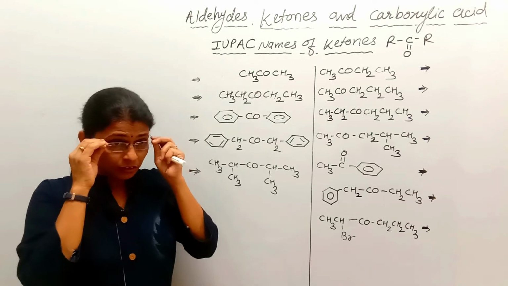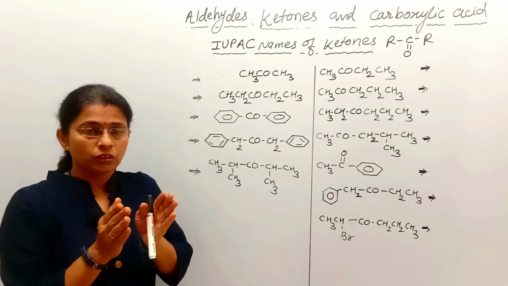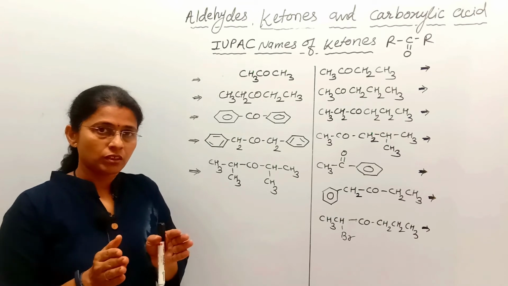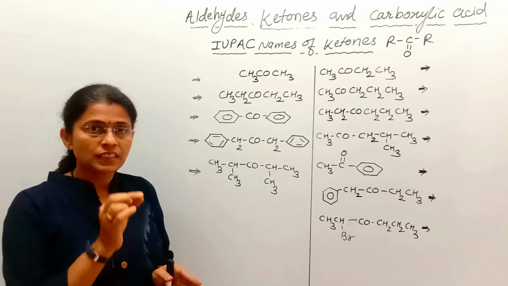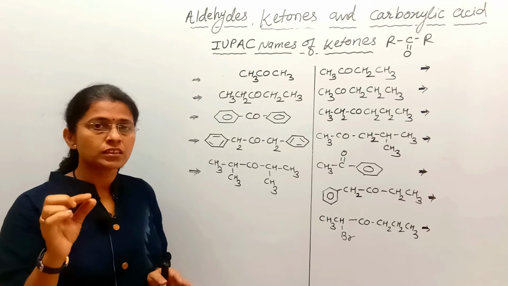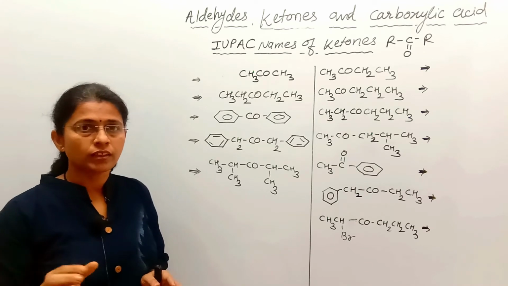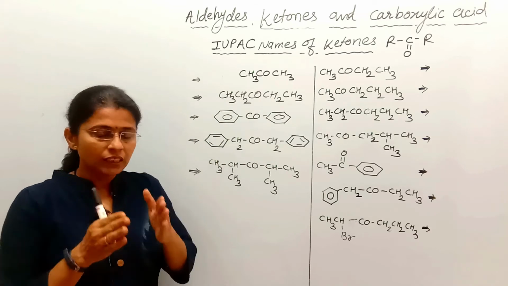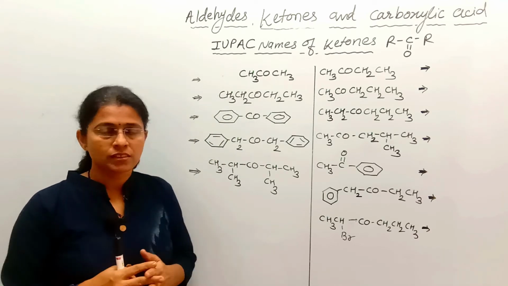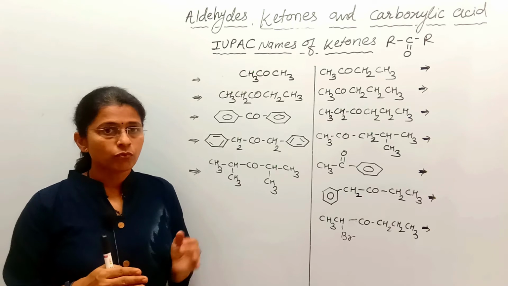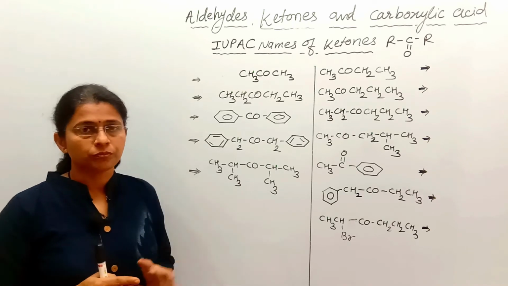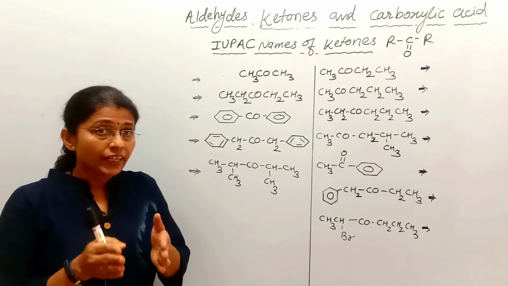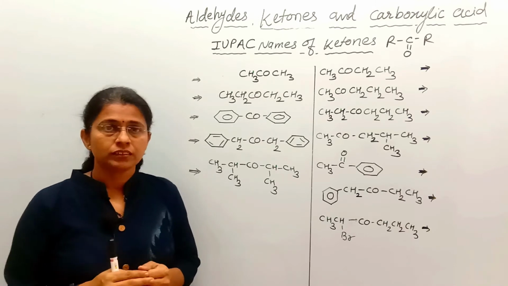So see here, the first rule of IUPAC: always select the longest continuous carbon chain containing the carbonyl group. Then number the carbon atoms from the end which is close to CO. Decide the parent alkane.